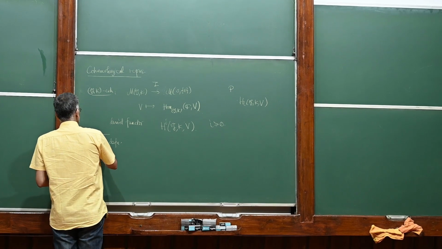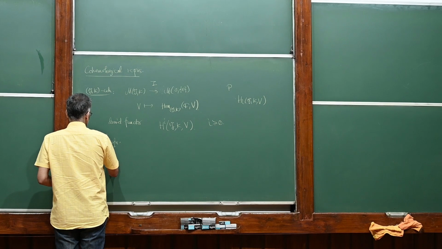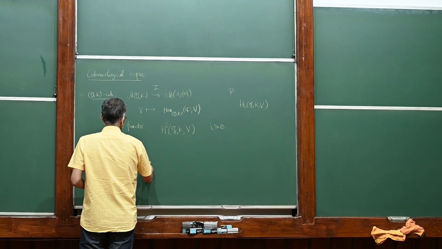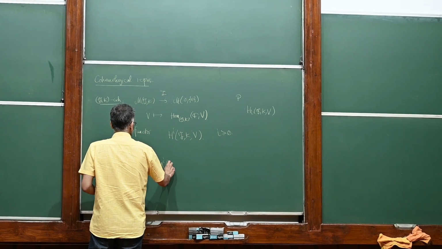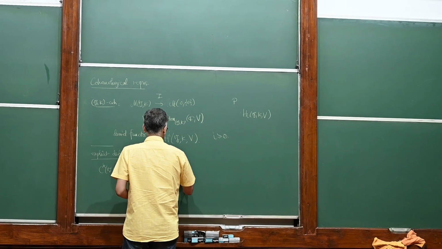The explicit definition uses this standard complex, so I'll write this down quickly and then go from there. C^k(g,K;V) is defined to be the K-equivariant Hom from the k-th exterior power of g/k into V. The notation is all standard notation, I'm not going to repeat it.